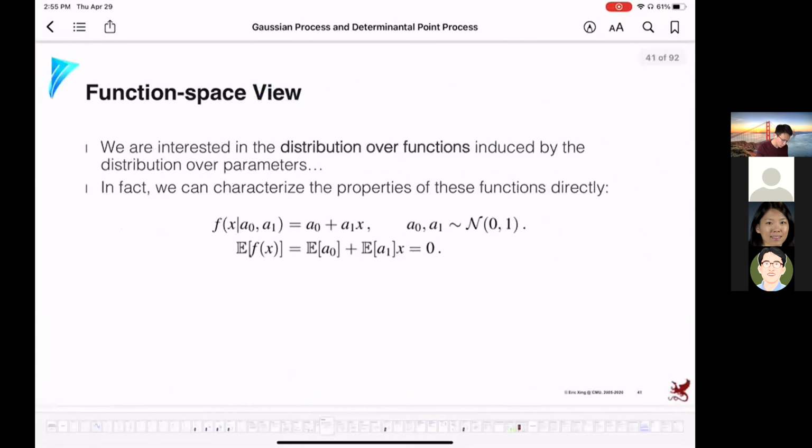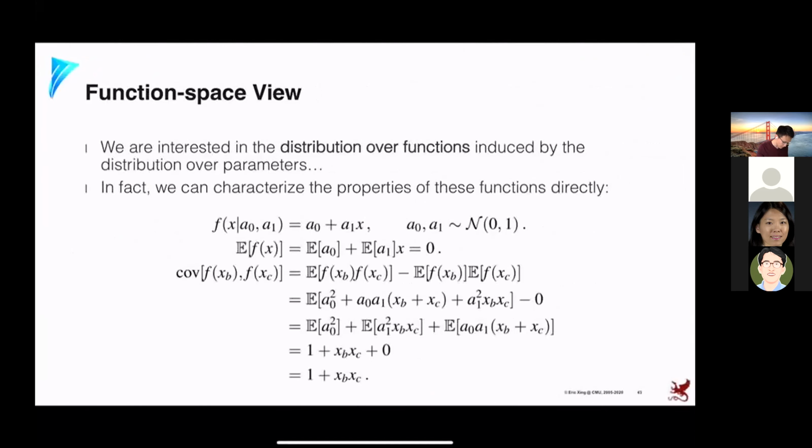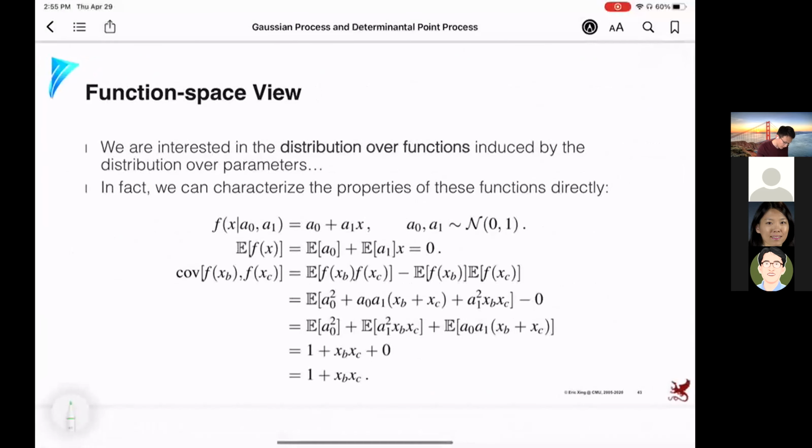So if we take two zero-mean Gaussians, we can compute the mean of f(x) from the means of a0 and a1. In this case, we get 0. We can also compute the covariance of f(x) based on the covariance of a0 and a1.